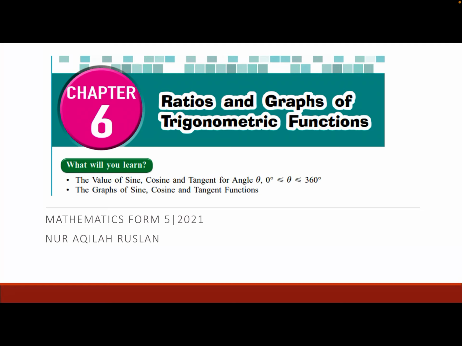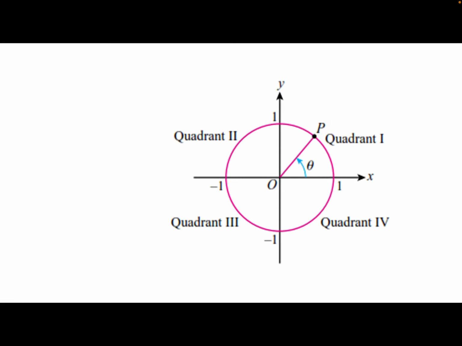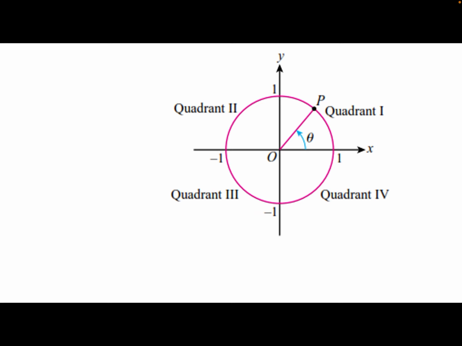Okay, so let's move to the first subtopic, the value of sine, cosine and tangent for theta in between 0 and 360 degrees. Okay, first thing is the unit circle. So this is a unit circle. Here you have quadrant 1, quadrant 2, quadrant 3 and quadrant 4.